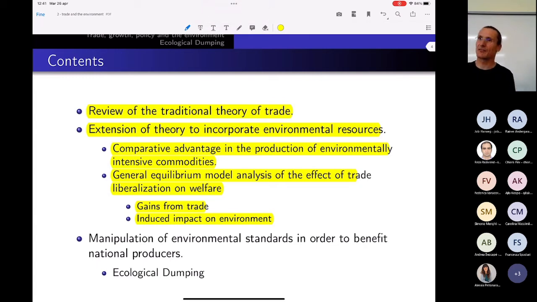One is the gains from trade that come from trade liberalization, and the other is the impact on the environment. These are the two things that we are going to study in detail. And then, if there is some time left, I'll also study manipulation of environmental standards in a strategic way, in order to benefit the national producers, and that can lead to ecological dumping. This is the outline.